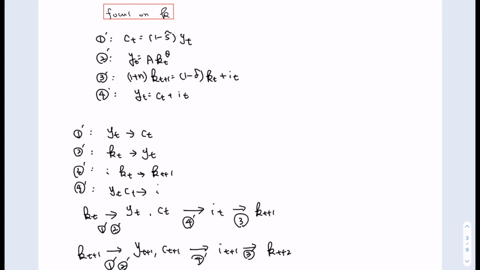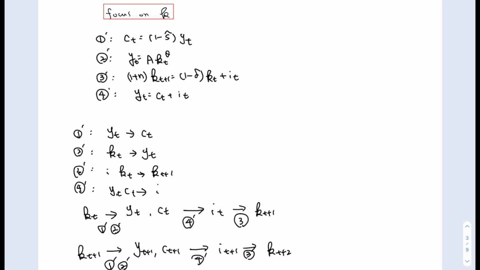Therefore, in this route, once we know the initial k, which is k_t, then we can determine the values of y_t, c_t, and i_t, and we also can determine the k_{t+1}. Once k_{t+1} is determined, we also know the values for y_{t+1}, c_{t+1}, and i_{t+1}, and then we also know the k_{t+2}.